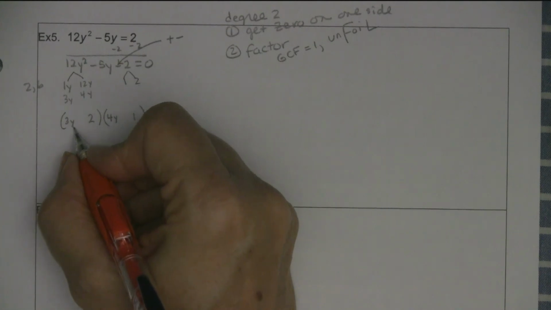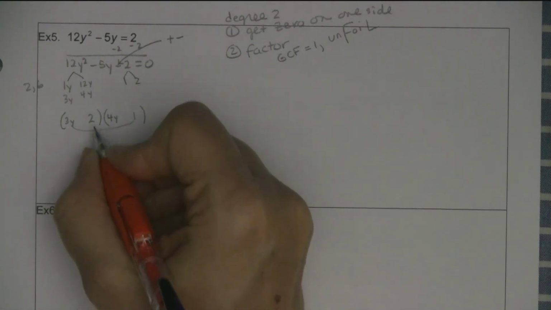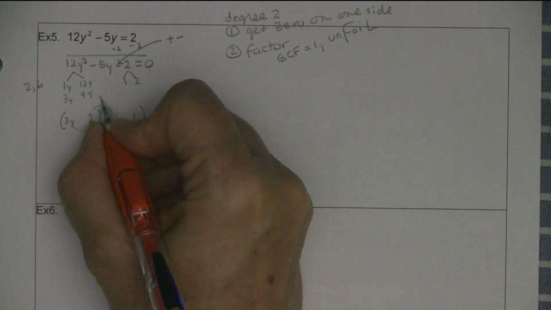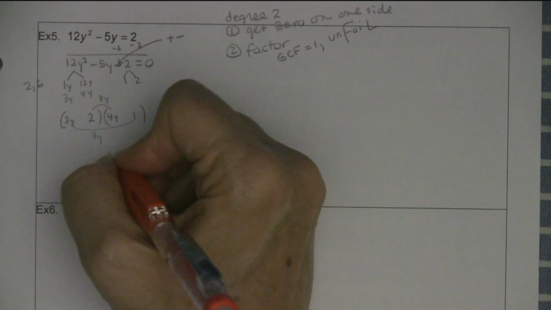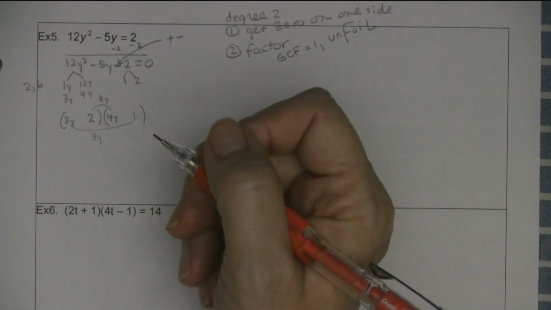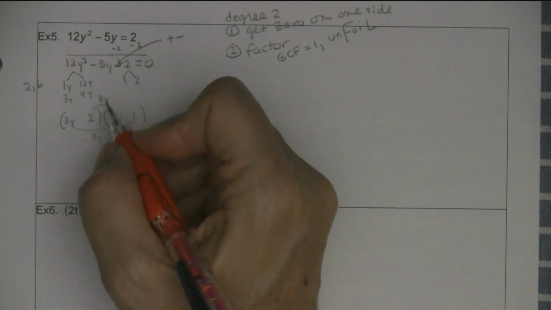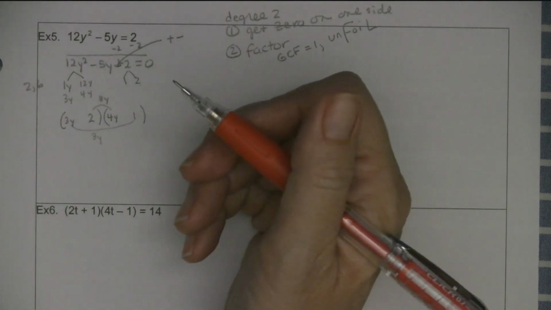And what's going to help me decide that is what goes on here. So this is 3y and this is 8y. And when I subtract them, that's a subtraction sign. So that's why I am subtracting them. When I subtract them, I want to get 5y. And so one of these is a plus and one of these is a minus. That's how it becomes a subtract.